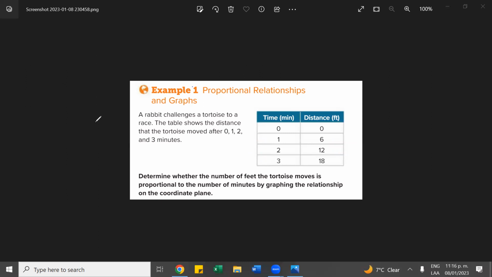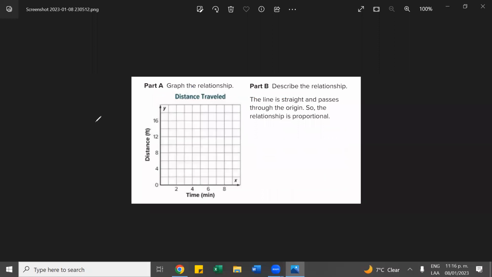How do we graph when we have a table? One of them will be X and the other one will be Y in our graph. Let's see the graph. When we have 0 minutes, they advance 0.